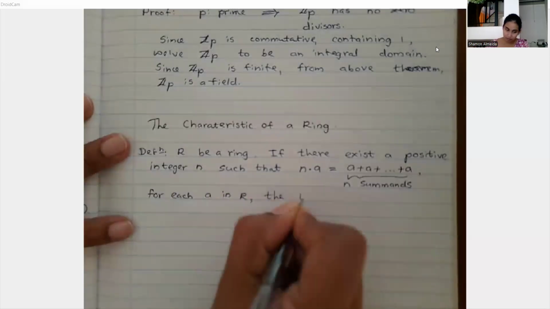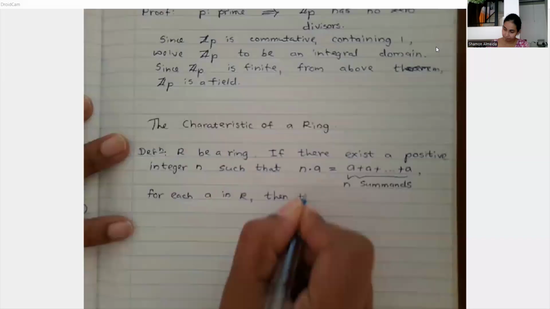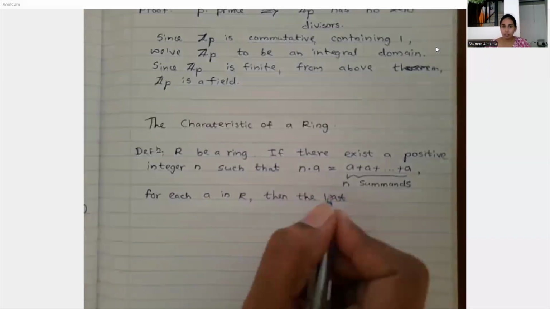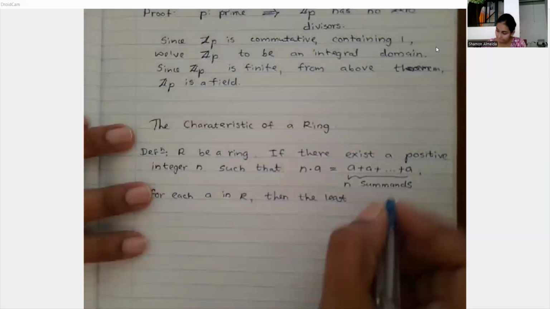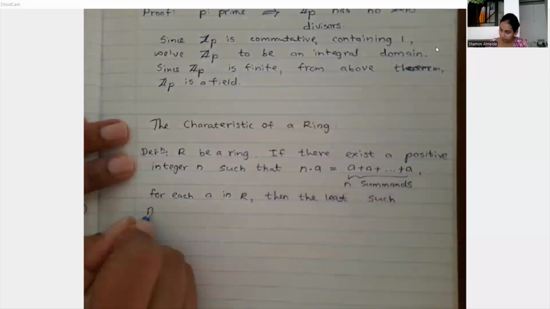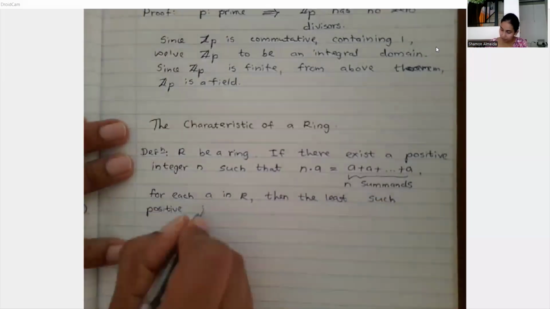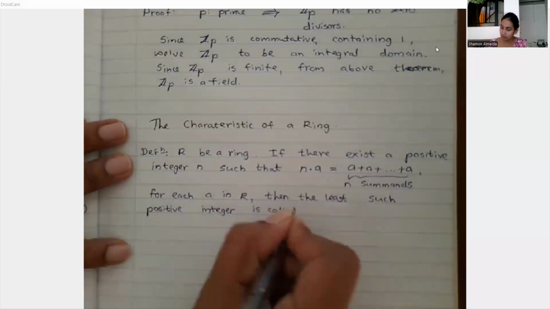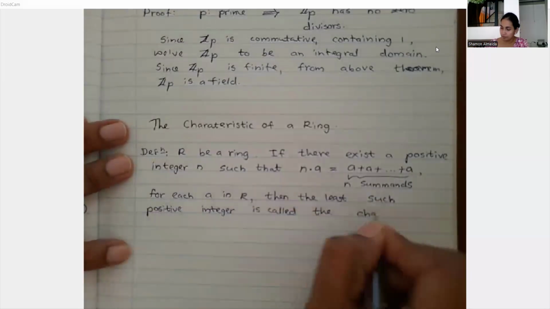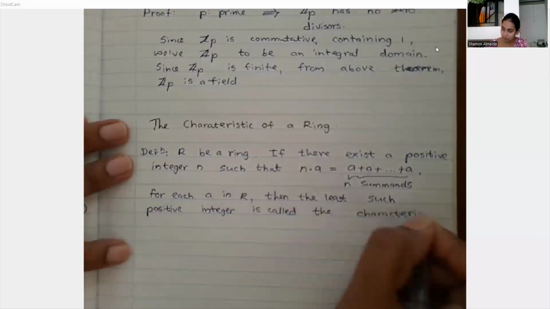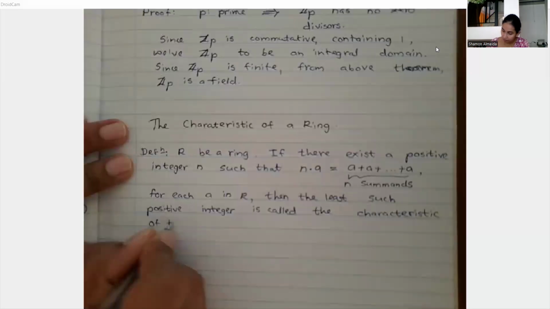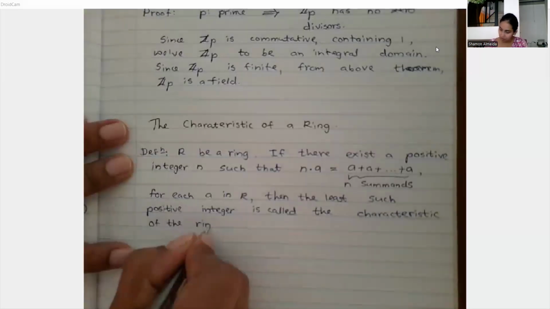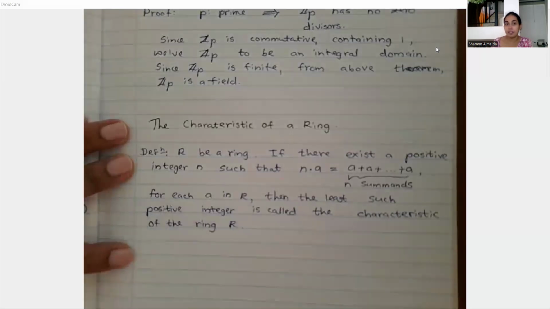Then the least such positive integer is called the characteristic of the ring R. If you can't find any such positive integer, then we say that the given ring R is of characteristic 0.